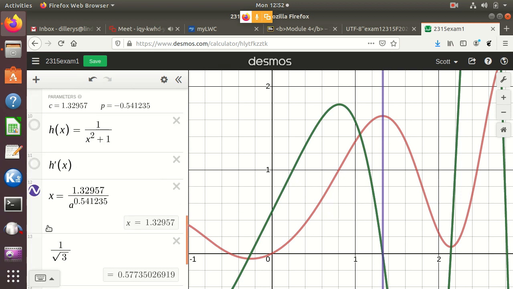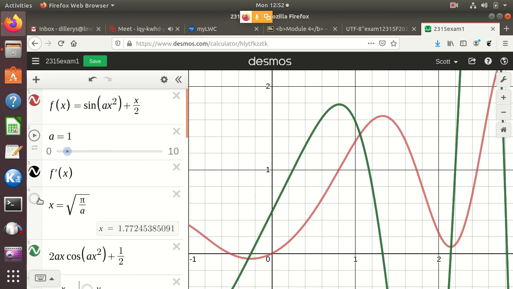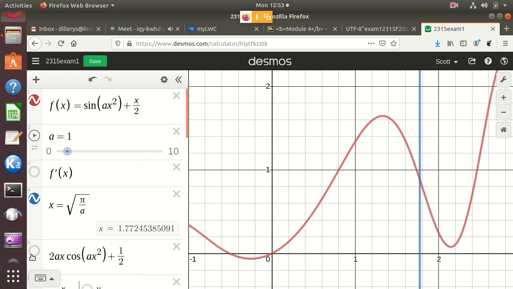Oh, okay, that's a particular value with a at 0.54 and so forth. So let me put this in. Okay, so that's also a blue line. So turn off the derivative for a moment. That's the same derivative. So as you're looking at this, we're going from 0 to that blue line.